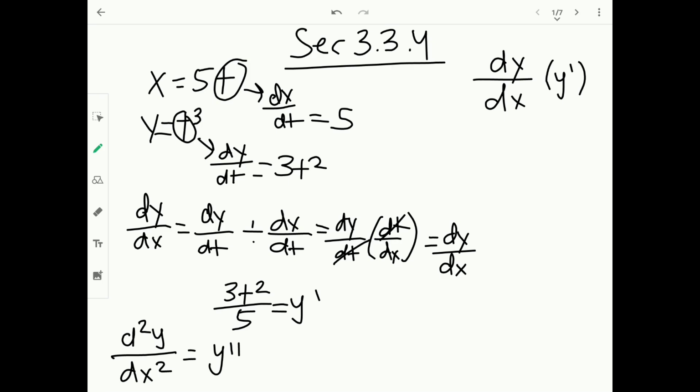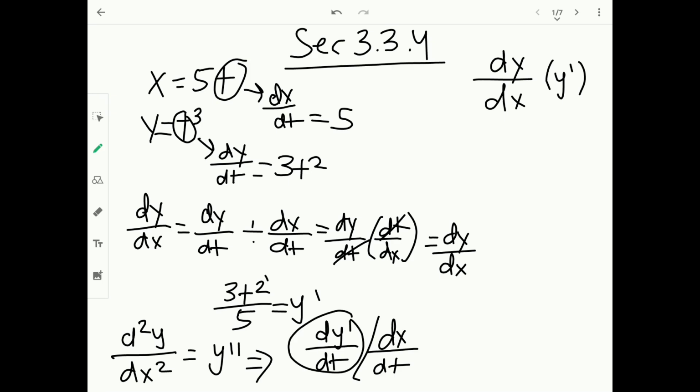Now the formulas that I'm using here are a bit different from the book, but this makes it very easy to work out. The formula for this is dy prime by dt, all of this over dx over dt. So dx by dt remains a constant denominator, and this you have to derive, y prime. This is the derivative of y prime.